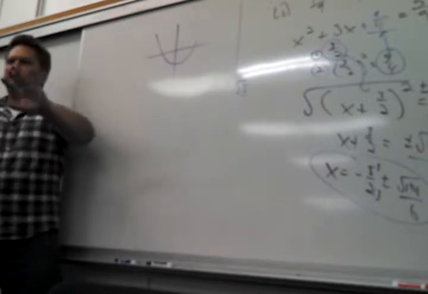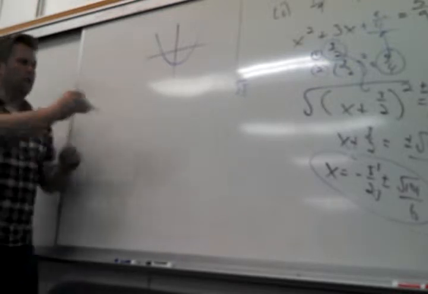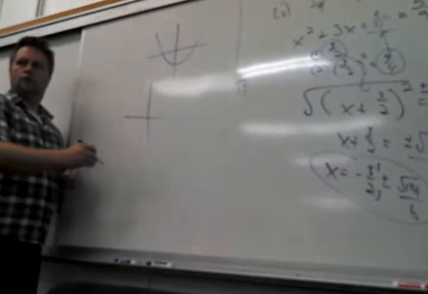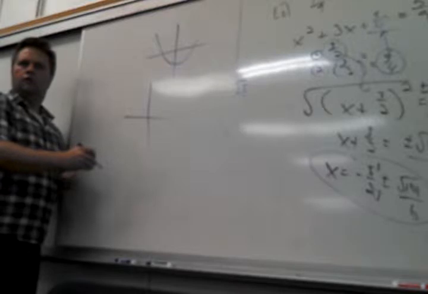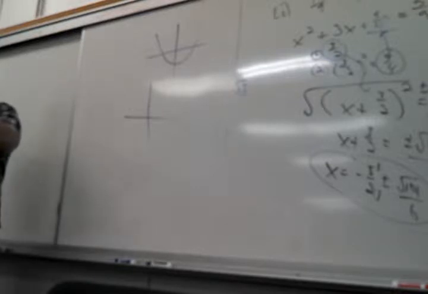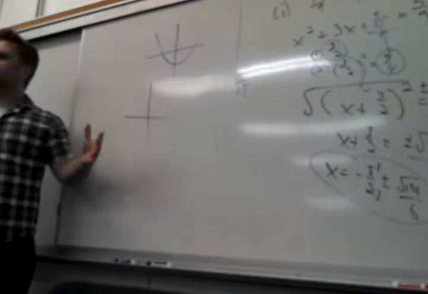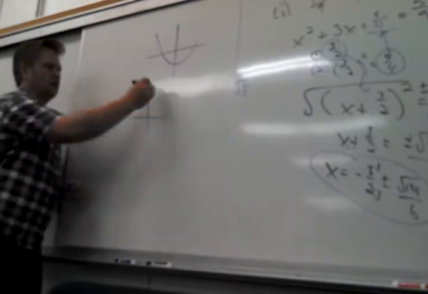What's a way that I can have no real answers, where it would be an i there? What would happen with the parabola? I want two complex numbers, right? There should be no real answers. How could there be no real x-intercepts? The parabola just never gets there.